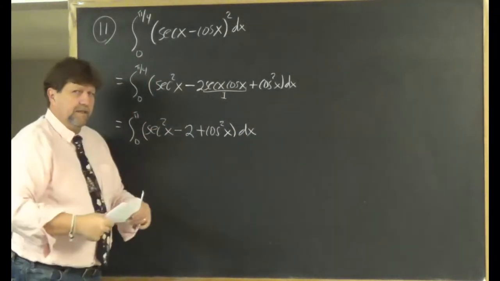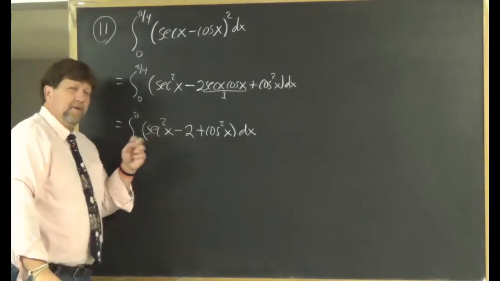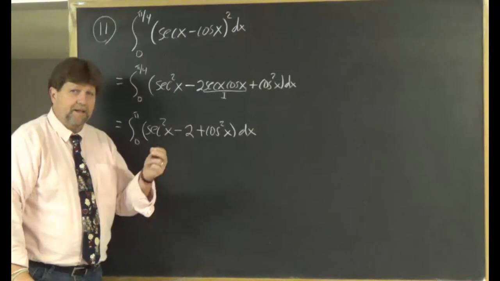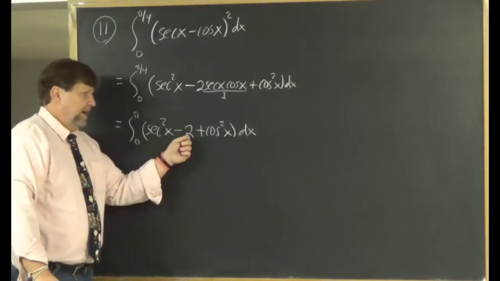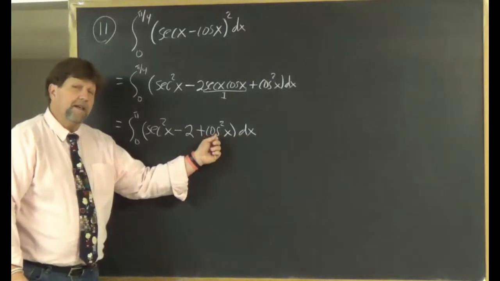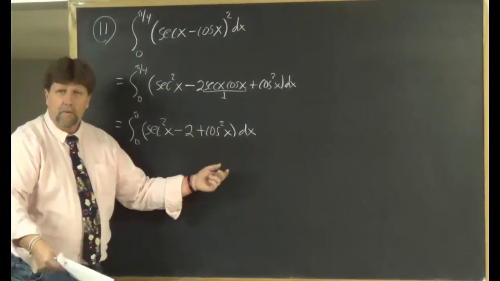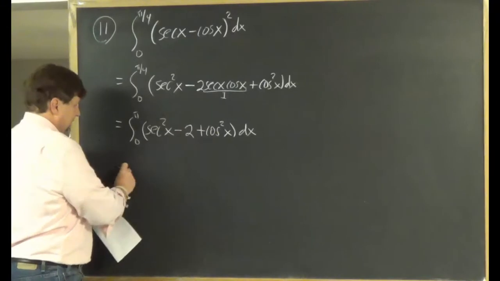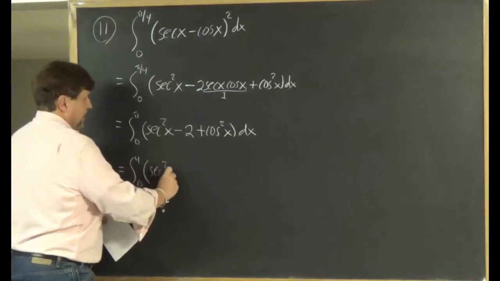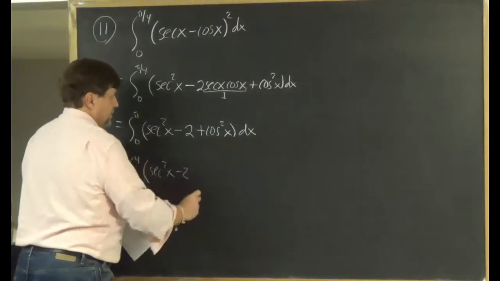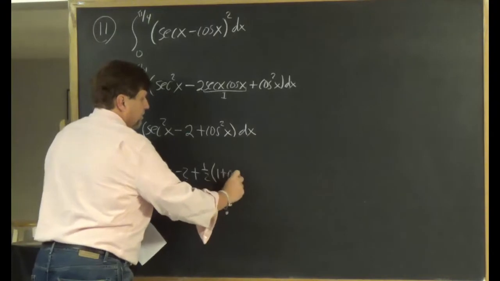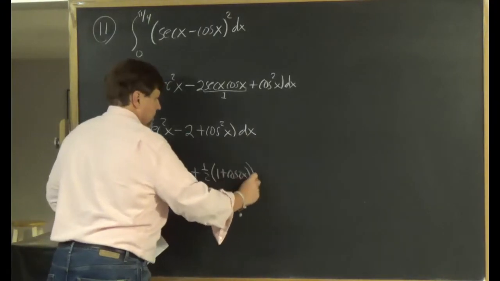All right, I'm starting to see some progress here. I know what the antiderivative of secant squared is. That's easy. Antiderivative of secant squared x is just tangent x. I know the antiderivative of 2 is 2x. Antiderivative of cosine squared x, we need to use the power reducing identity. So let's write down the power reducing identity. Cosine squared is 1/2 times 1 plus cosine 2x.